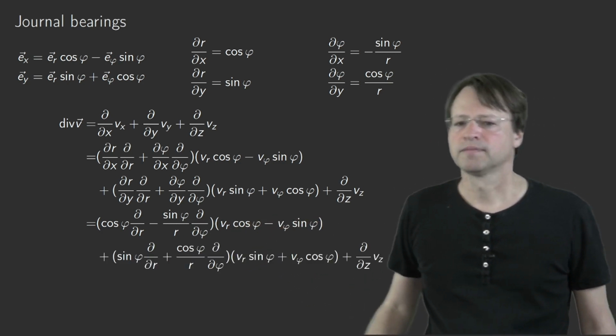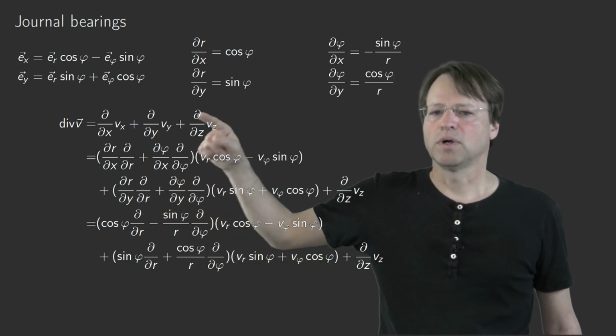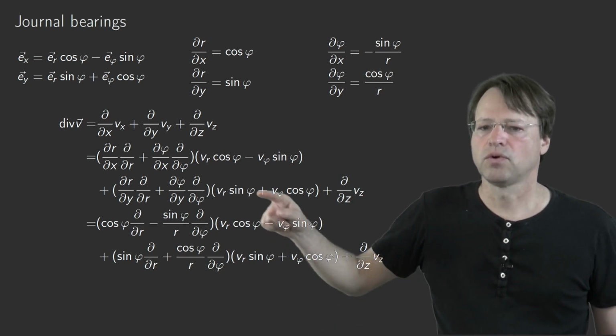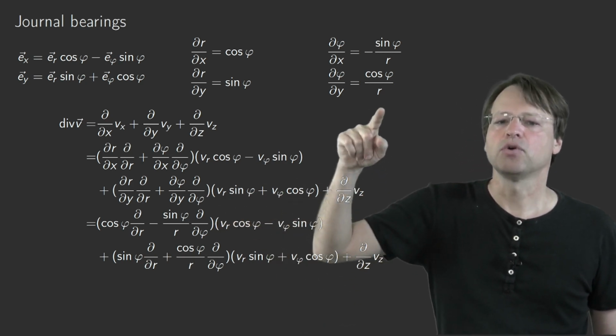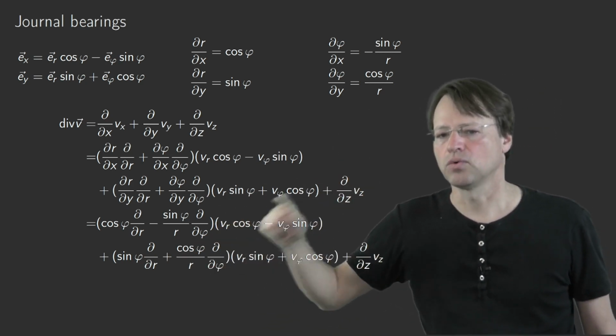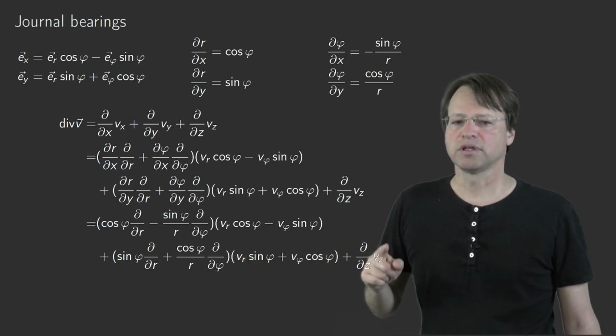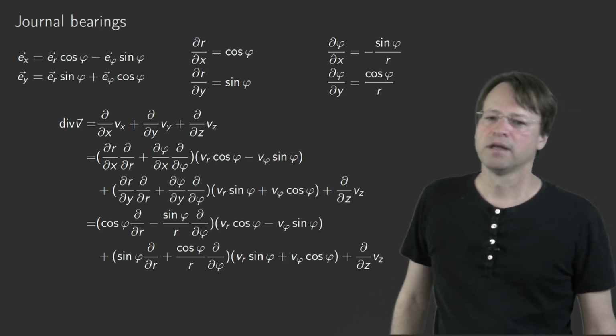For the second term, we get for dr by dy a sine phi, here it is. And we get for d phi by dy a cosine phi divided by r. So everything is there, the rest is copied, and also the last term is copied.